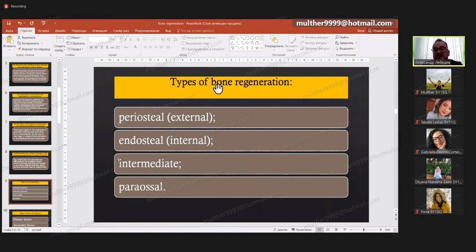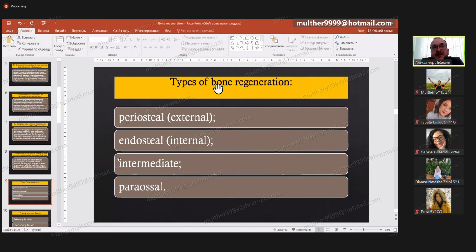Endosteal, it's the trabecular structure of any tubular bones. It's an internal kind of bone regeneration. Intermediary and paraosseous, it's our post-fracture hematoma, where the blood present in the hematoma plays a great role.